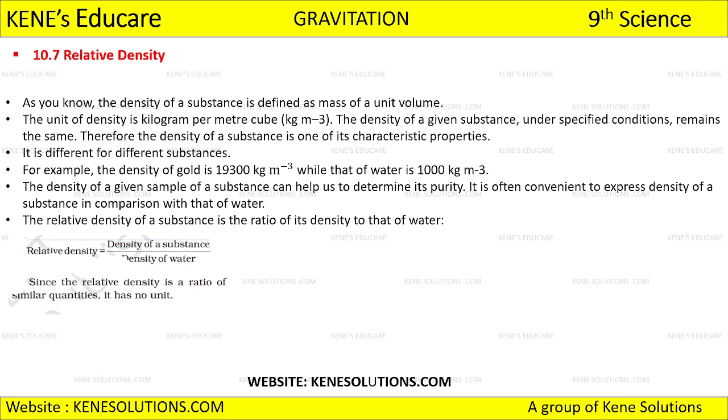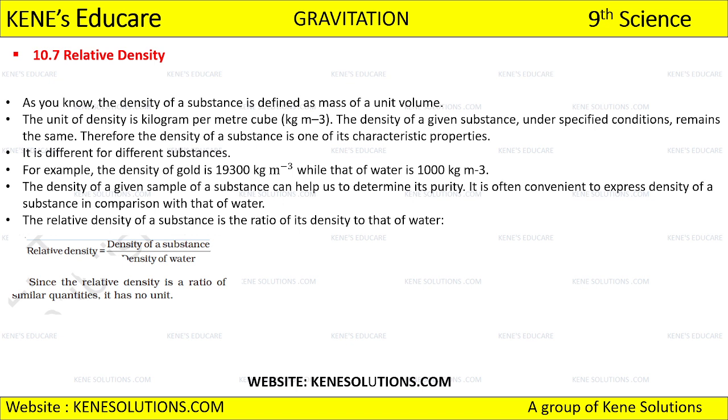Okay, so the density of a given sample of a substance can help us to determine its purity. What can it help us with? It can help us to determine its purity, and it is often convenient to express the density of a substance in comparison with that of water. Here we have the formula for relative density.